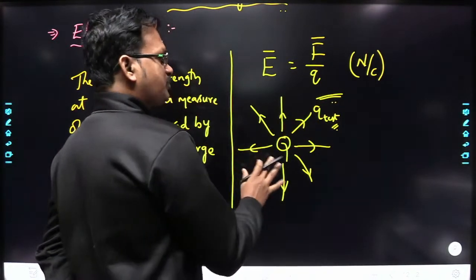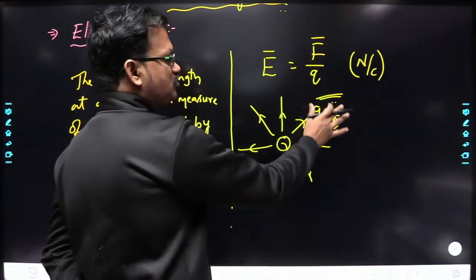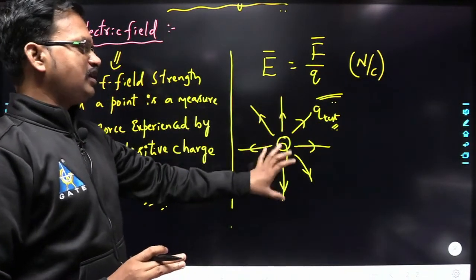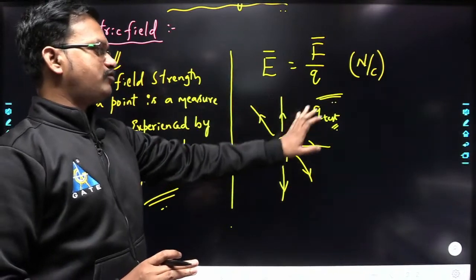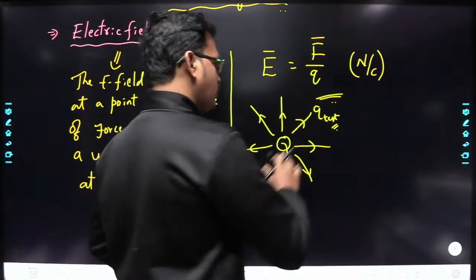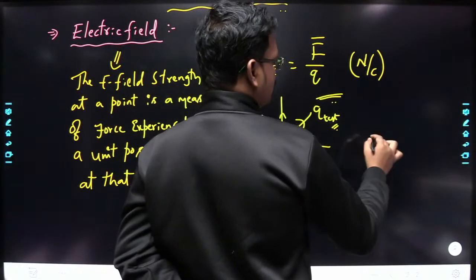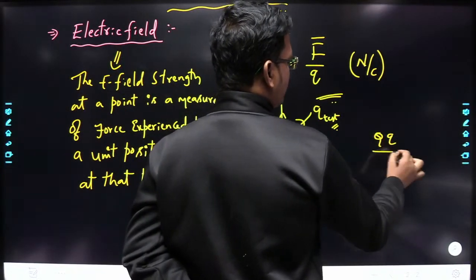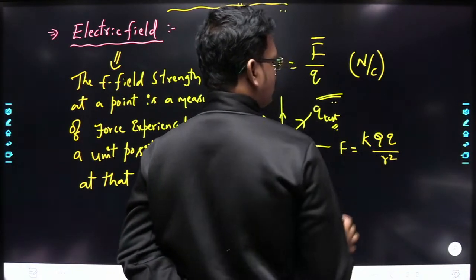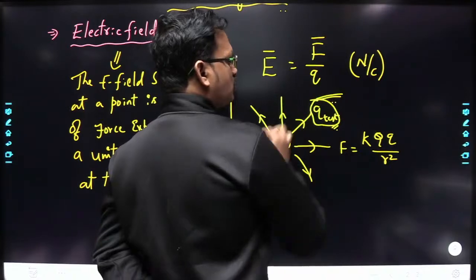That means this field is exerting some force on that particular charge. The force it experiences is Q by K into R square.